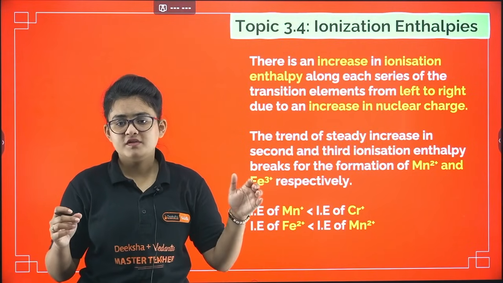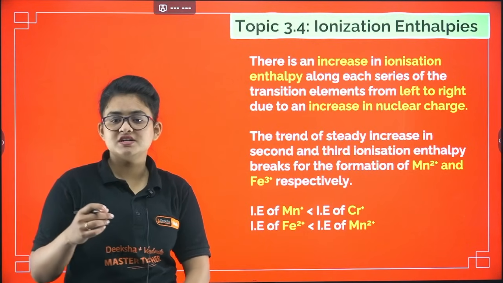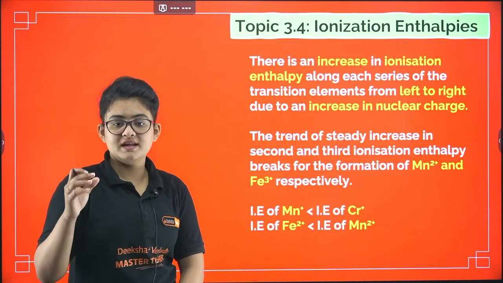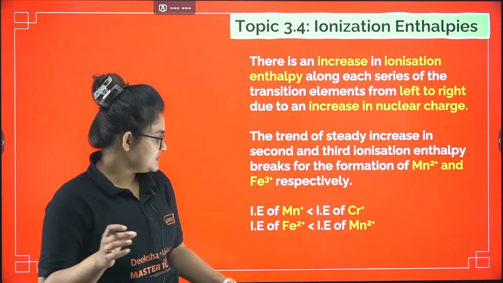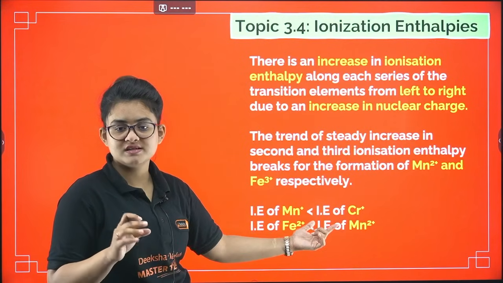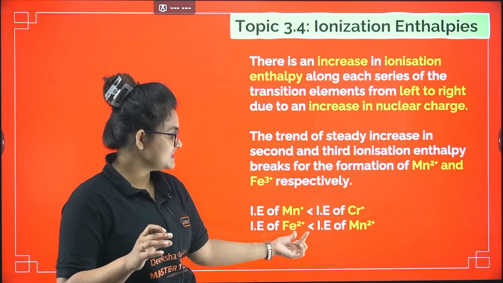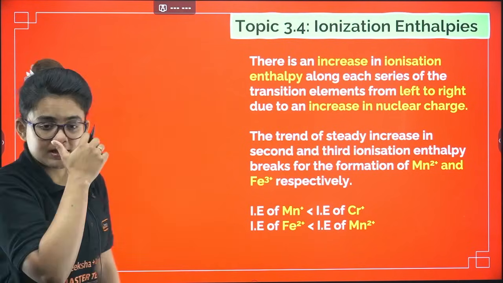The trend of steady increase in the second and third ionization enthalpy breaks for the formation of Mn2+ and Fe3+ ions respectively. The ionization enthalpy of Mn2+ is less than that of chromium, that's obvious, but Fe2+ becomes lesser than that of Mn2+. I guess it's clear to you.